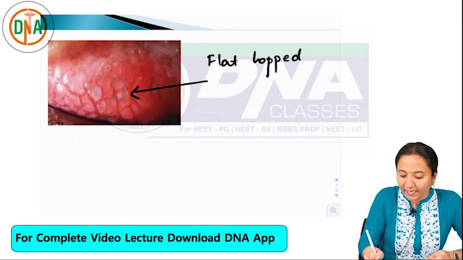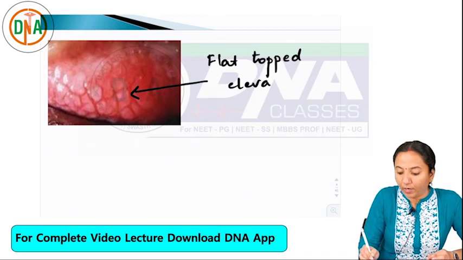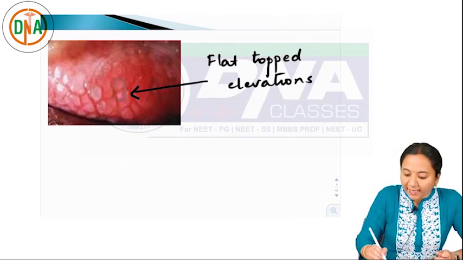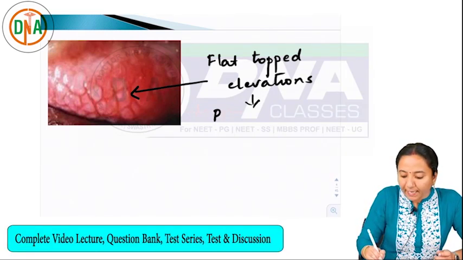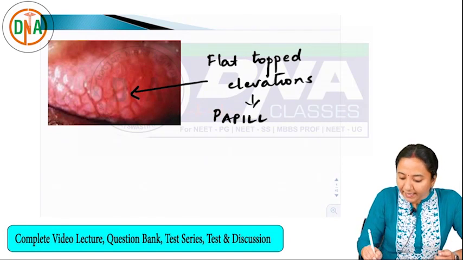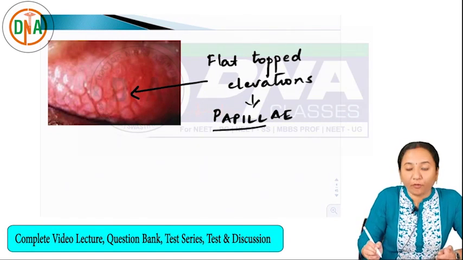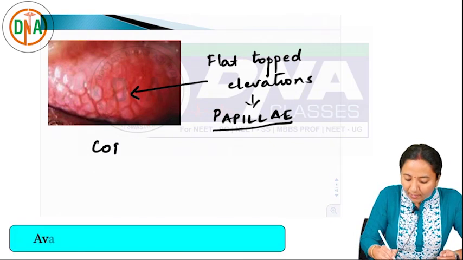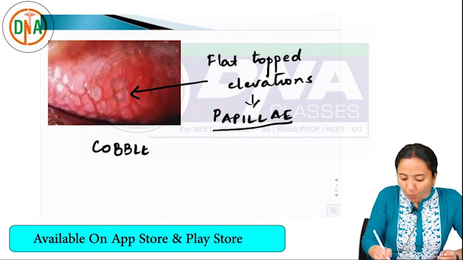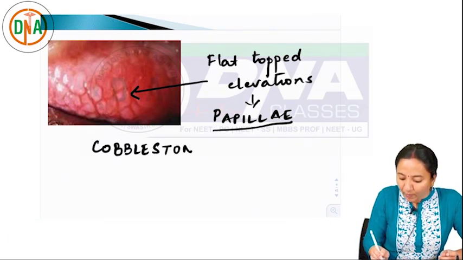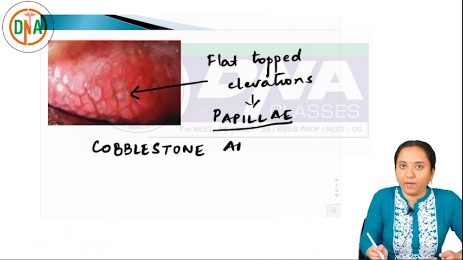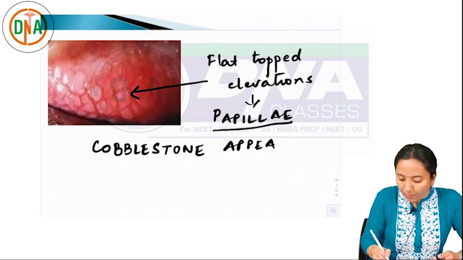These flat-topped elevations on the upper tarsal conjunctiva are called papillae. This particular appearance is known as cobblestone appearance, which the question mentions and which is also important for MCQ.